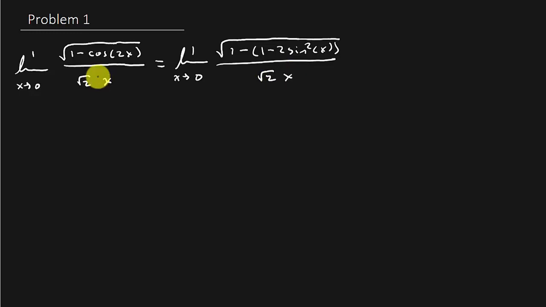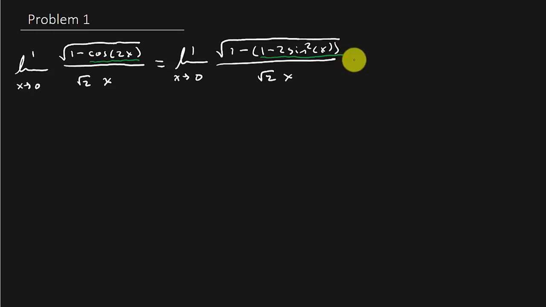Well, I've got my 1 minus, and then cosine 2x I'm replacing with 1 minus 2 sine squared x. That's a double angle identity for cosine. Okay, remember the double angle identities from trig.